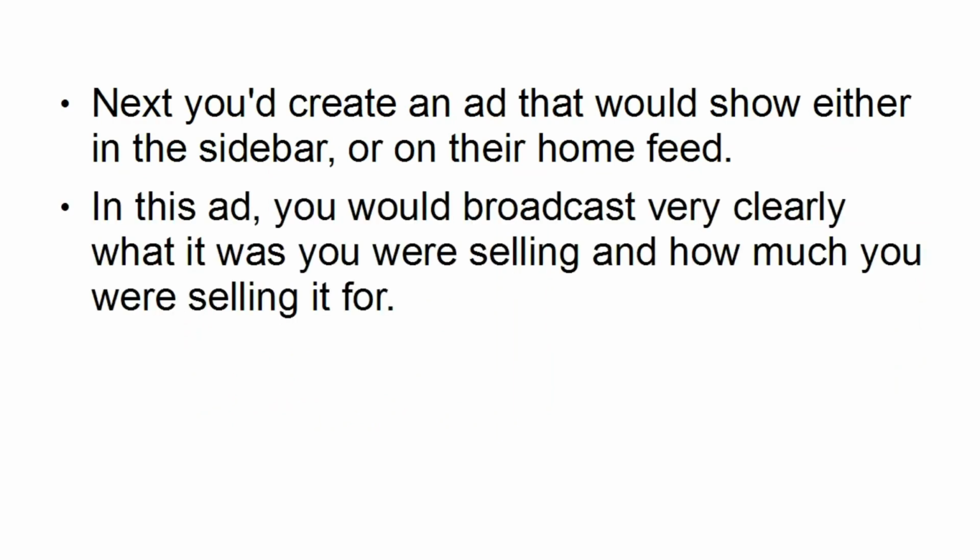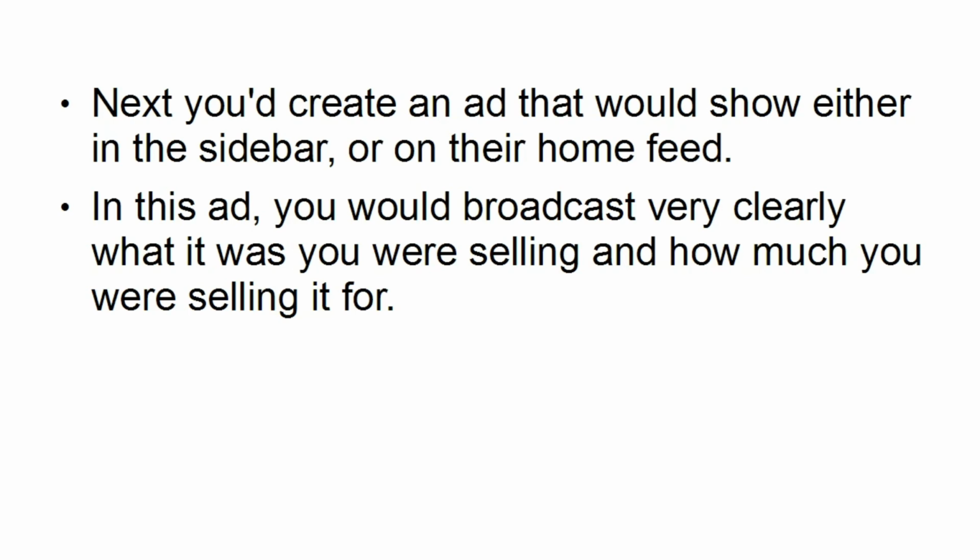And in this ad, you will broadcast very clearly what it was you were selling and how much you were selling it for. So you will want to have a nice eye-catching ad. You'd want to have a picture of the ebook cover. You'd want to have a nice graphic, perhaps showing somebody working out like we did in the last slide. You will want to have something that would scream out to anybody who saw it exactly what this ebook was about.